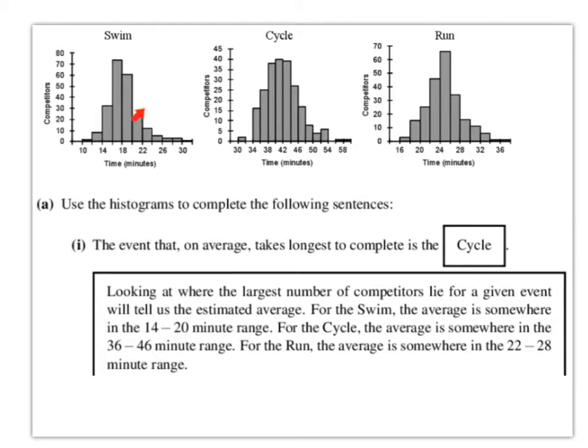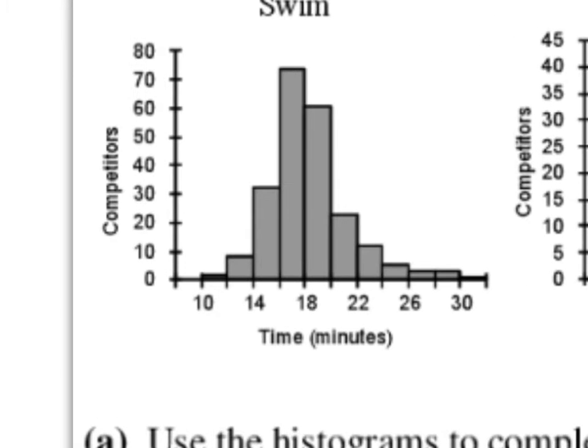So if we have a look at the swim, we can see the highest bars start at 14 and go up as far as 20. Our x-axis is going up in twos: 10, 12, 14, 16, 18. Let me zoom in so we can get a better look: 10, 12, 14, 16, 18, 20, 22, 24, 26, 28, 30.